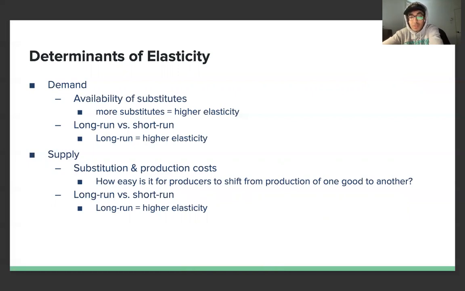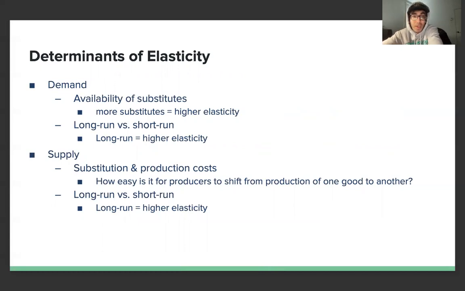Because think of it this way: if the price of a good increases and I can easily substitute that good for any other, or multiple goods in the economy, then there's a higher chance I'm more sensitive to price changes. And when it comes to long run and short run, in the long run, the elasticity is higher just because it's easier for consumers to change preferences in the long run compared to the short run.